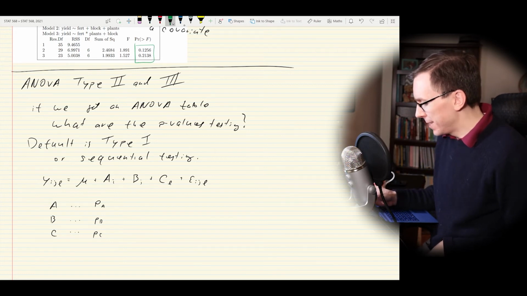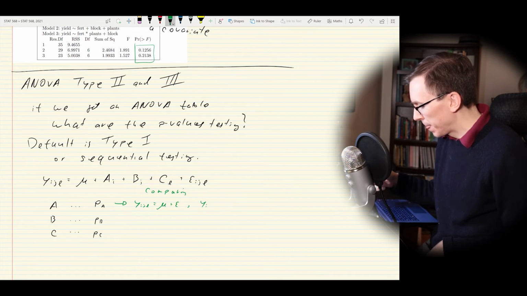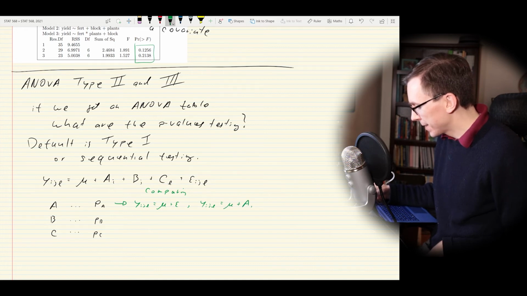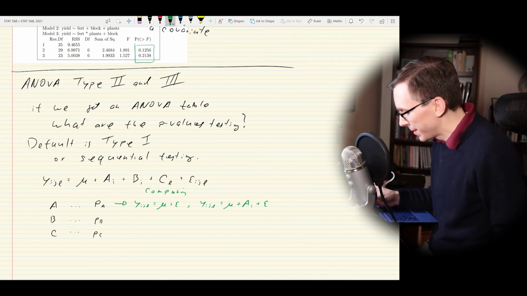What happens in the first case is we are comparing the null model, which is just Y_ijl is equal to mu plus epsilon, to Y_ijl is equal to mu plus A plus epsilon_ijl. I'm just going to write epsilon just because the giant subscript is going to be assumed.